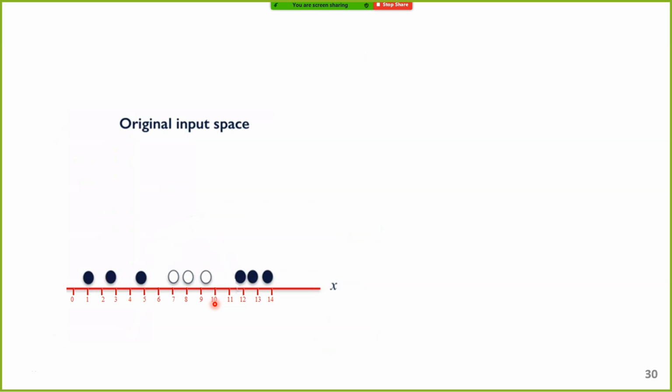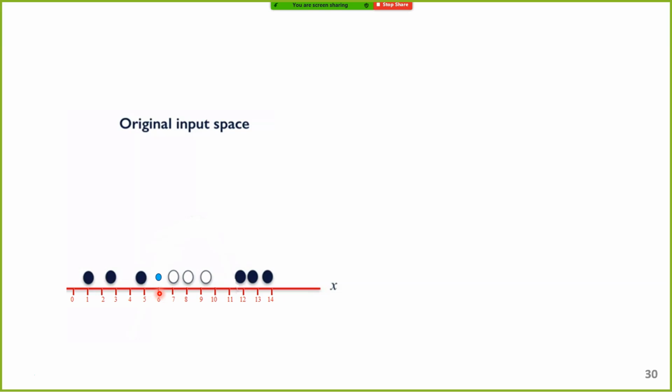But it is not always the case that we can easily construct a decision boundary. For example, our data looks like this. We cannot say that our decision boundary is as shown by this blue point.